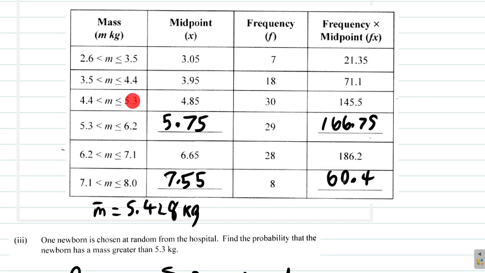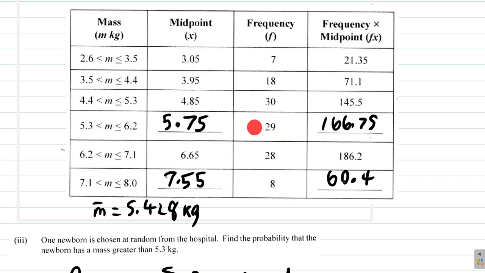It says less than or equal to 5.3. The question asks you, greater than 5.3. It must not be equal to 5.3, but greater than. So this now is where you start counting up how many are greater than 5.3.